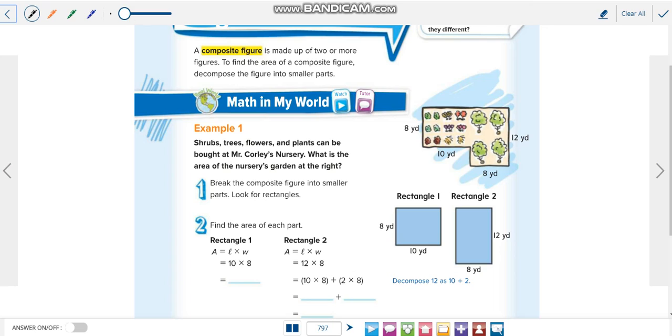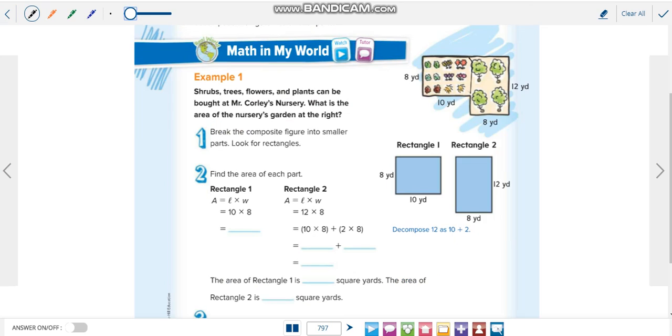In here, you can see we got a rectangle. So we decompose this figure into rectangle 1 and rectangle 2. To find the area of each part, remember our formula, area equals L times W.